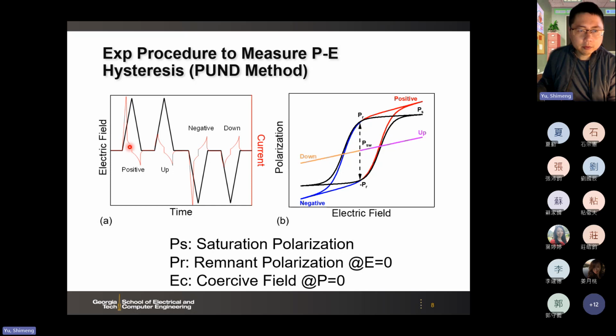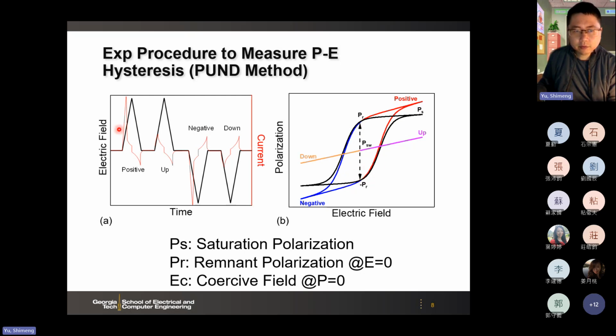So you have this kind of current response from your measurement system. If you do the real-time measurement, your input is the electric field, the triangular waveform, and then you record the current response in the red curve. So you do 2 positive sweeps and then 2 negative sweeps. Then you can get the curve that we show here.